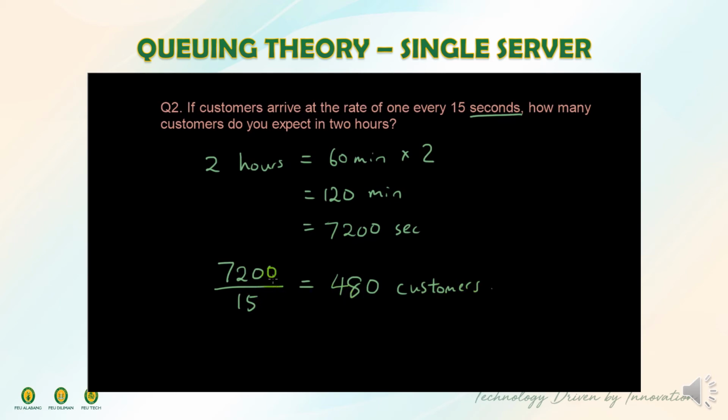Because it takes 15 seconds for one customer and there are 7,200 seconds, 7,200 divided by 15 is 480 customers. Okay, one last question.